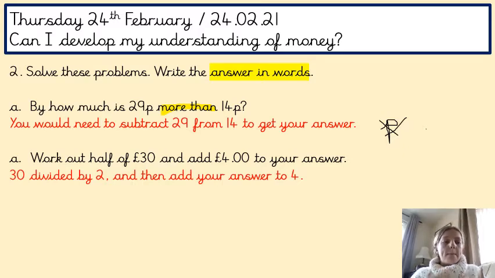B is asking you to work out half of 30 and then add £4 to your answer. Now we know that a half is the same as dividing by 2. Okay, so you would need to do 30 divided by 2. So how many times does the number 2 go into 30? How many 2's can you fit into 30?